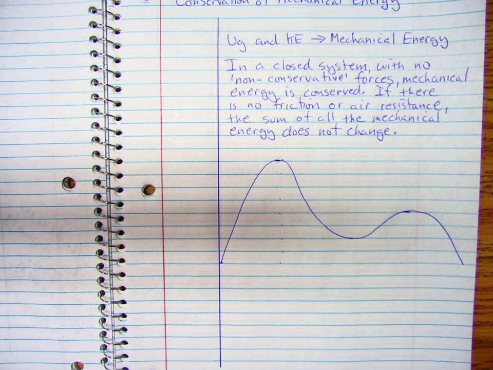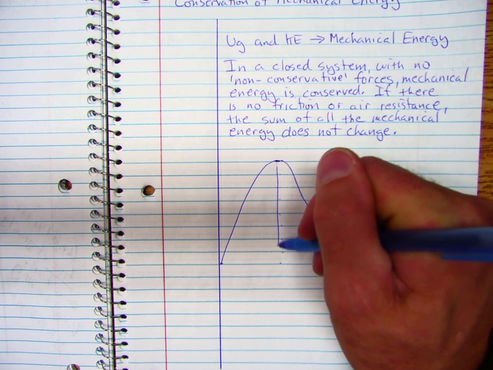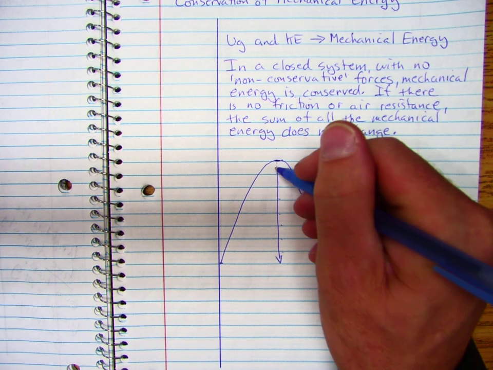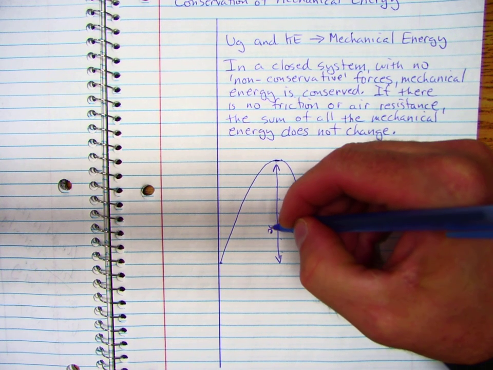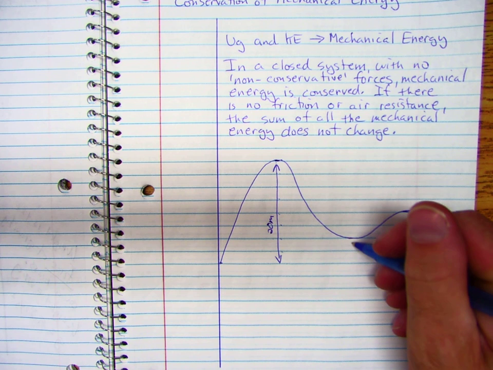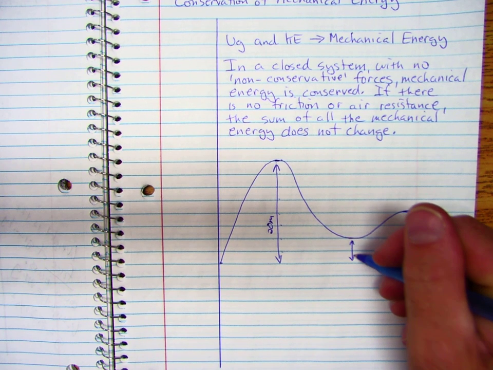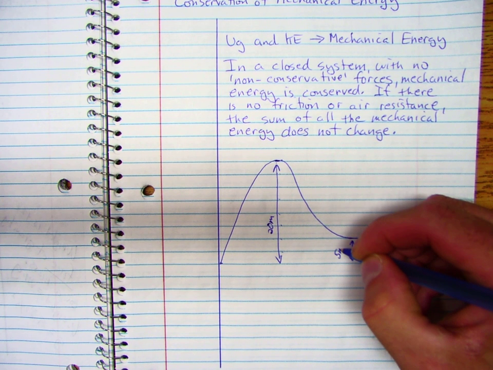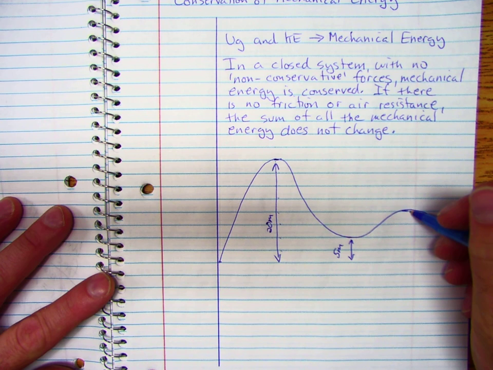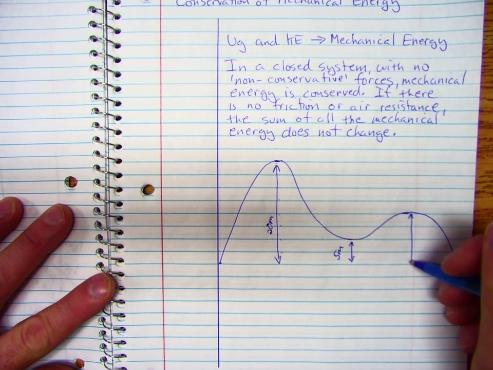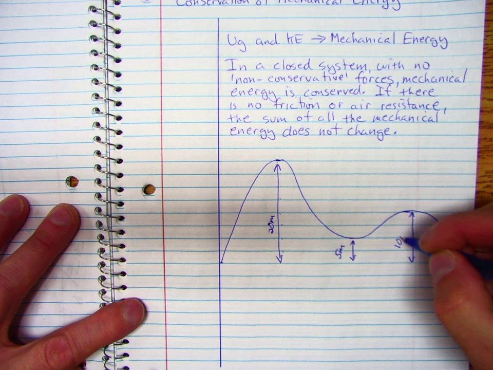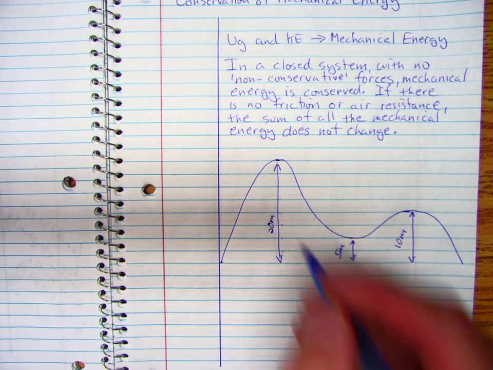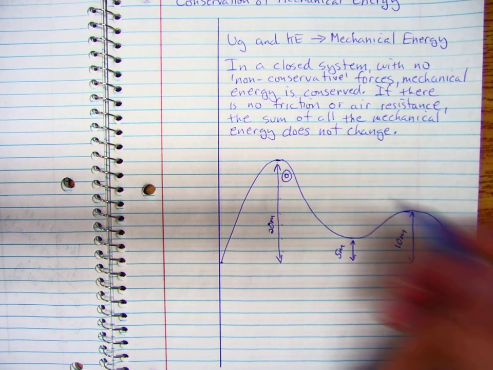Okay, so it's kind of a weird looking roller coaster, but this is what it is. This hill is going to be 20 meters high. It's a pretty big hill. This hill is going to be 5 meters high, and this hill is going to be 10 meters high. Okay, so this is position 0.